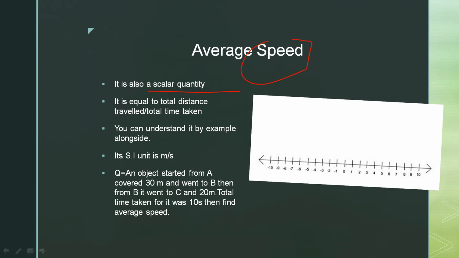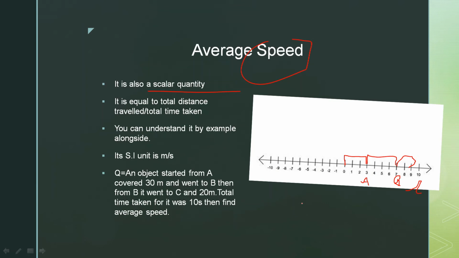So let's see. Suppose there's an object which starts from 0, goes to point A, which is this, then it goes to point B, and then to C. Then what will be the distance covered?